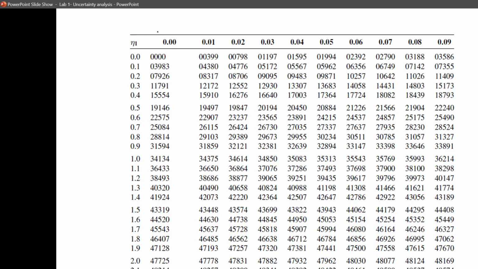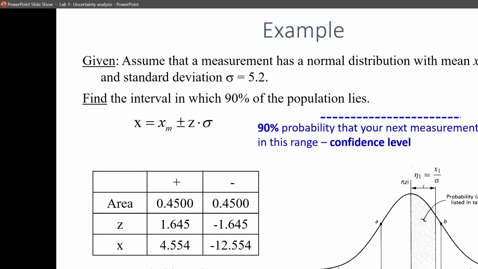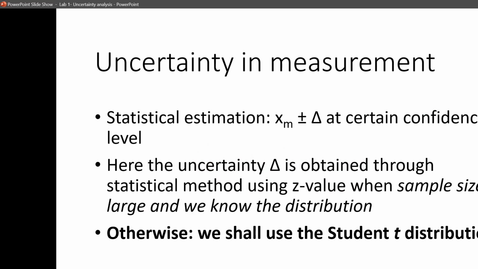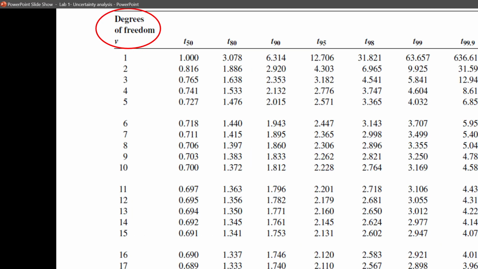So your z-score is 1.96. We read the z-score from the table. You have the standard deviation. You can find the minimum number of measurements you need for this confidence interval to happen, which is 25. Any questions?